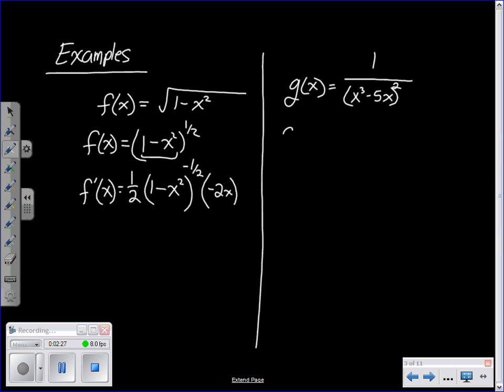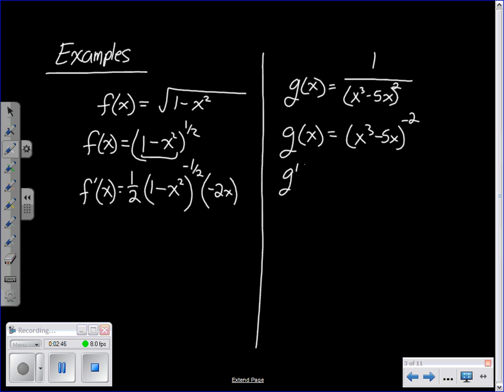On this side, I have g of x equals 1 over x cubed minus 5x quantity squared. So I could rewrite this as x cubed minus 5x to the negative second power. I'm bringing my exponent in the denominator up to the top, but I'm representing it as a negative.